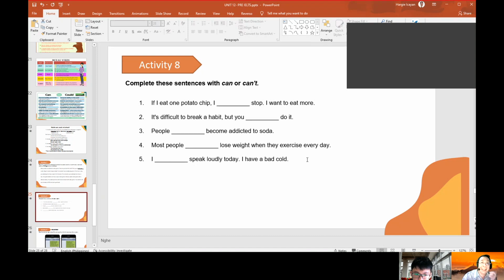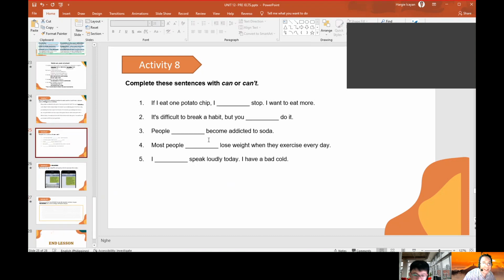That's the time that they can't lose weight. Okay, number 5. I can't speak slowly today. I have a bad cold. It's difficult if you have a bad cold because you can't speak loudly.